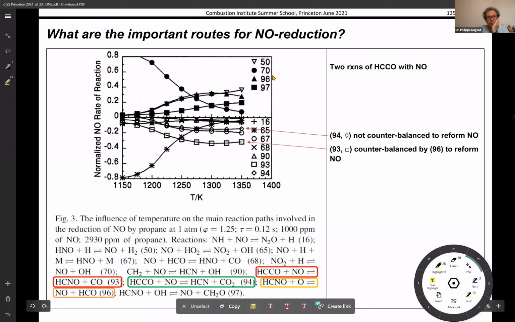For example, reaction 70, which is CH2 plus NO giving HCN plus OH, shows symmetrical normalized rate of reaction with this one, which is 65.